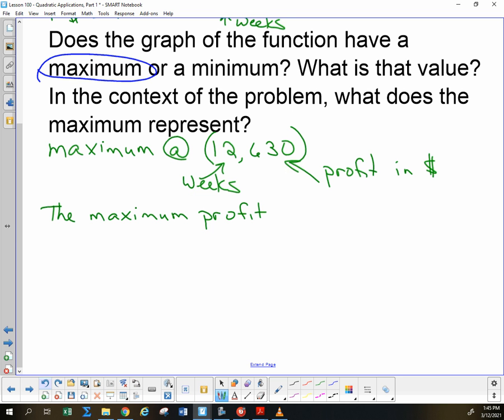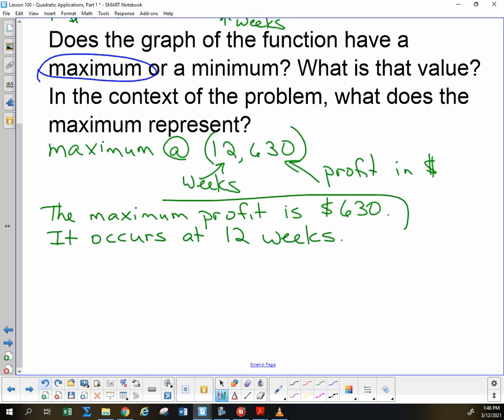The Y is the profit, so the highest Y, in this case the highest profit, is $630, must have units. It's okay to use a symbol or an abbreviation for units only, everything else complete words, and it occurs at 12 weeks. And that is our model. Be sure you've copied it down so that you know what we are looking for.